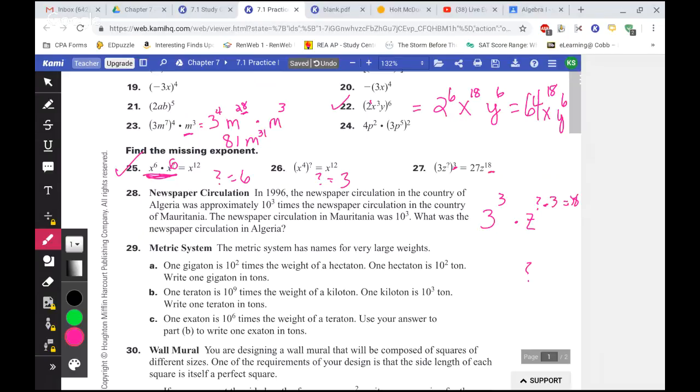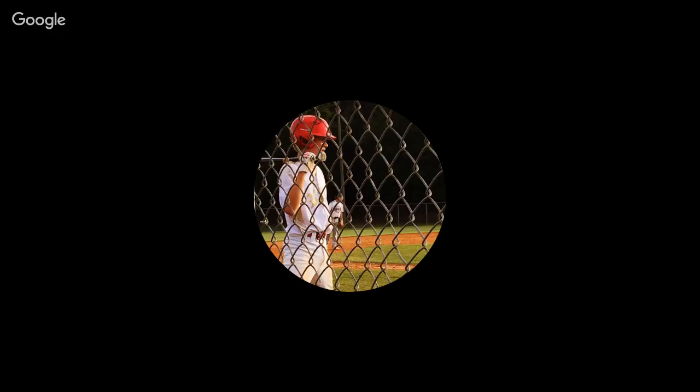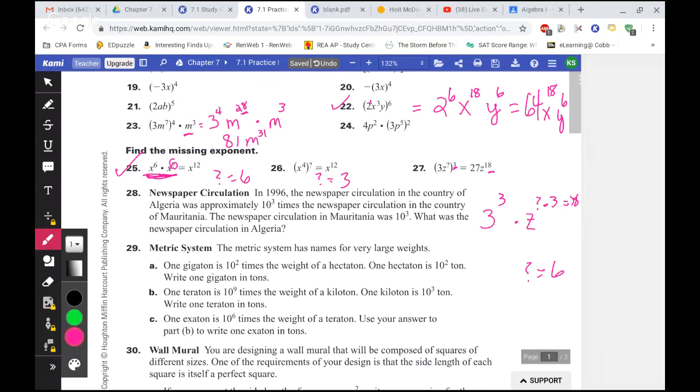So what would the question mark equal? What do I have to multiply 3 by to get 18? 6. Yep, so that's what it equals.